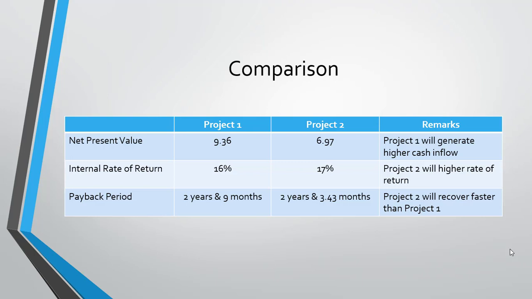And then if you look into the payback period, project 2 recovered faster than project 1. So which means if you will choose between these two projects, the favor will be on project 2's side. You recover faster and you have a greater rate of return. Although in terms of inflow, of course, project 1 will be higher.